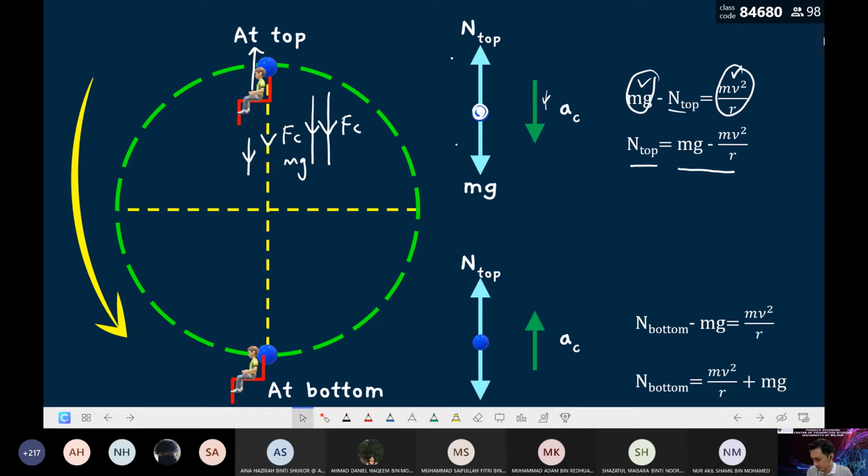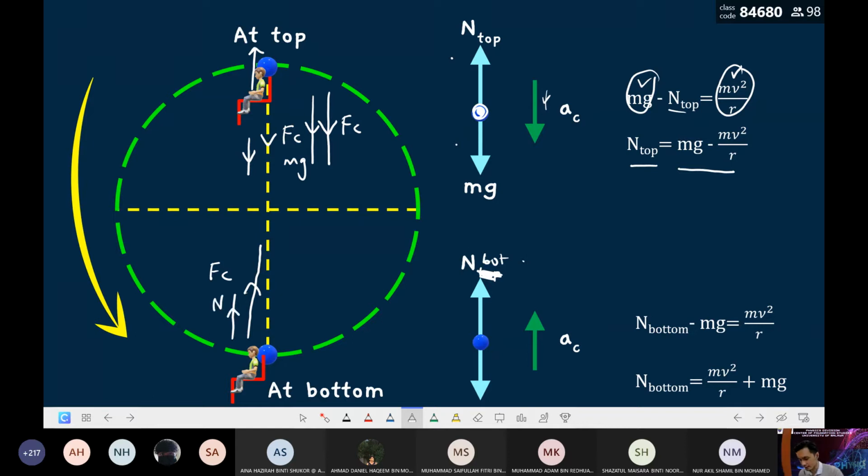So we look at the bottom now. For the bottom part, this is N bottom, not N top. When at the bottom part, our centripetal force always points to the center, which is upwards. So this is FC. And then the normal will also equal FC.